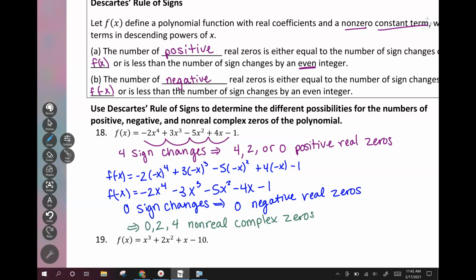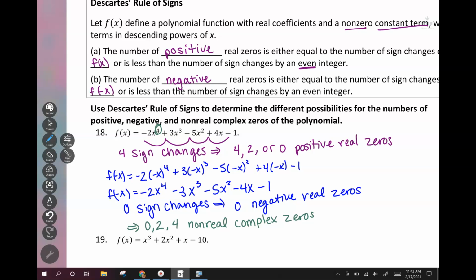Okay, so basically just taking the potential number of zeros that you have for positive and negative real zeros and subtracting them from, well, we know that there's supposed to be 4 zeros total, and so just subtracting that from 4. So I could have 4 real zeros, which leaves me with no non-real zeros. 2 real zeros leaves me with 2 non-real zeros, and so on.